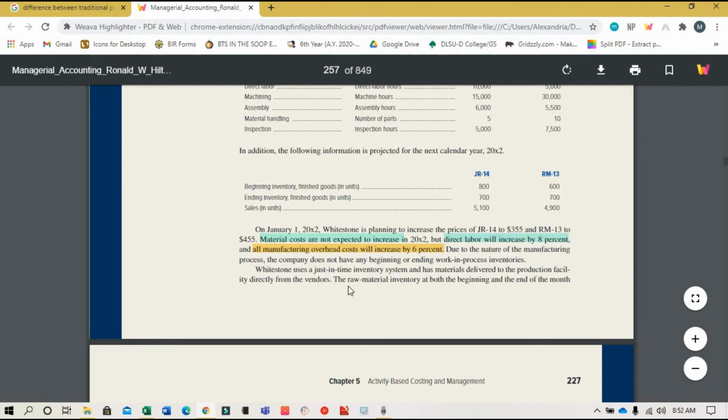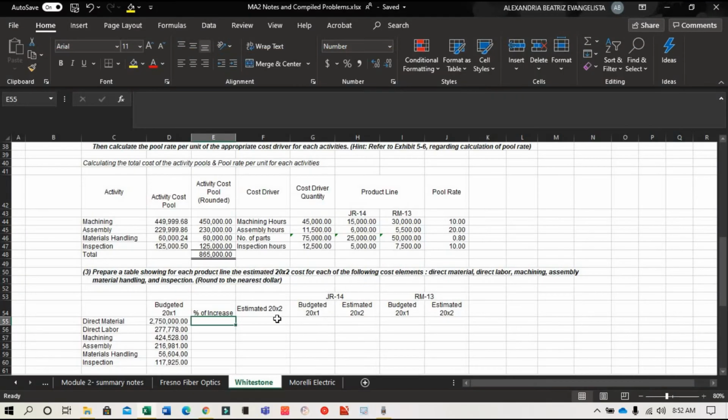And of course, all of the manufacturing overhead costs will increase by 6%. So if we apply that to the current problem, the percentage of increase for direct materials is 0. For direct labor, that is 8%. And for all of the manufacturing overhead, that is 6%.